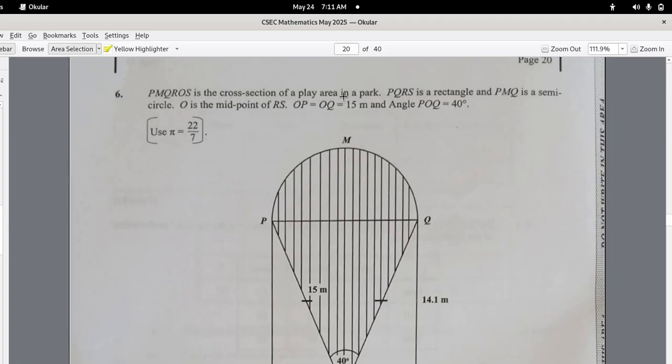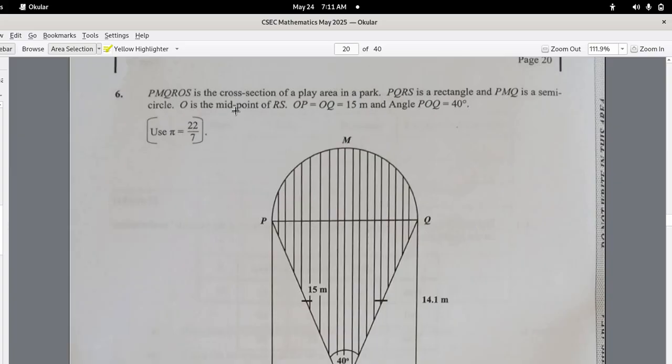It is the cross section of a play area in a park. PQRS is a rectangle, all right, and PMQ is a semicircle. Okay.